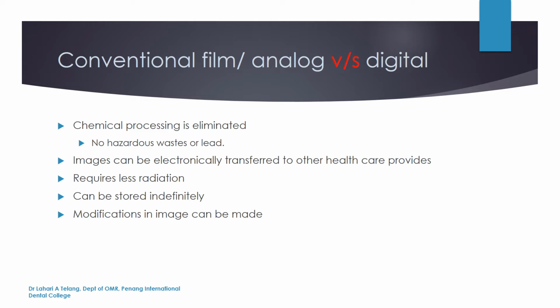You have the computer software which comes with every digital sensor, and it allows you to make minor modifications, not photoshopping of course, but just minor modifications like brightness or the sharpness of the image to a certain extent, which can help you enhance and improve diagnostic ability.